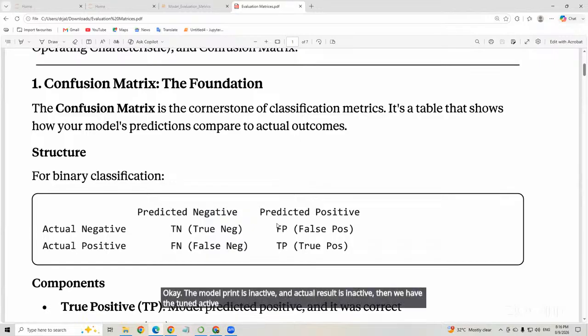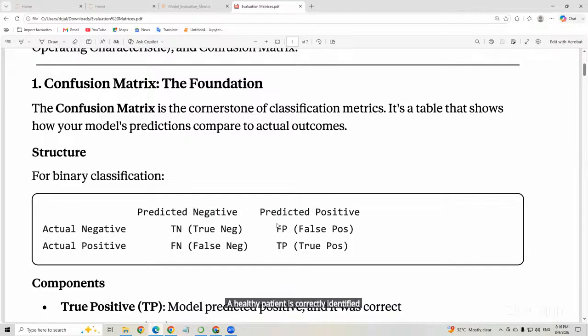For example, a healthy patient is correctly identified as healthy. Then we have the false positive: the model predicted positive, but the actual result is negative. We can also call this a type 1 error.